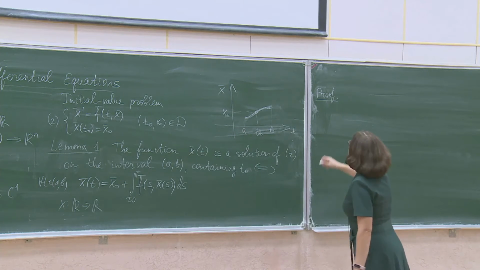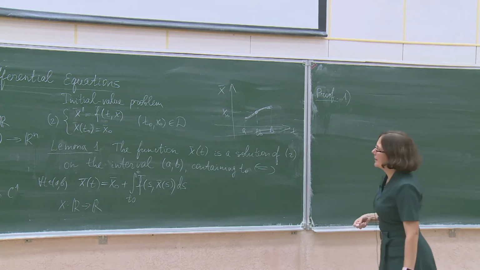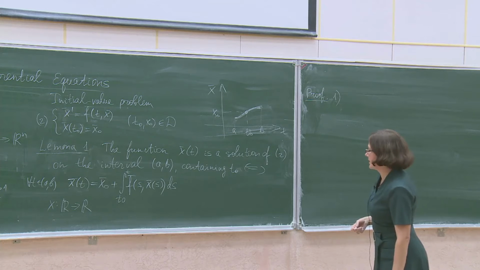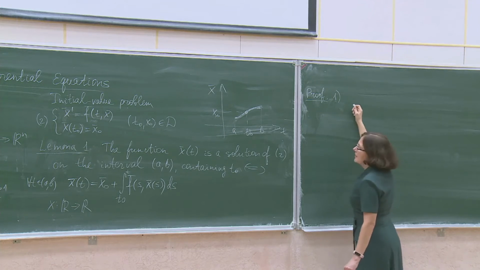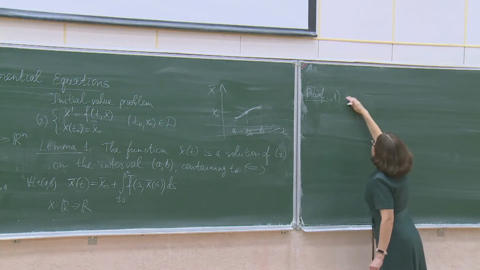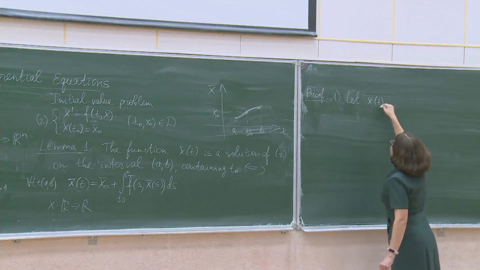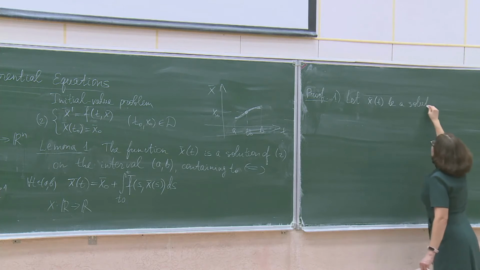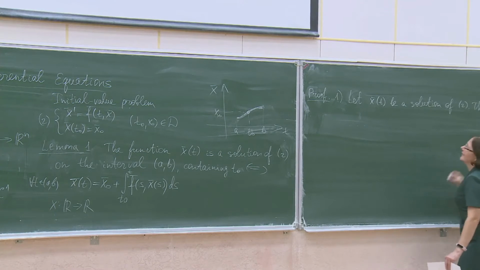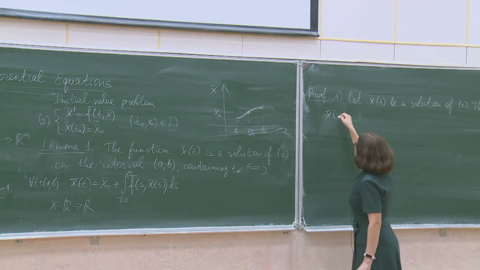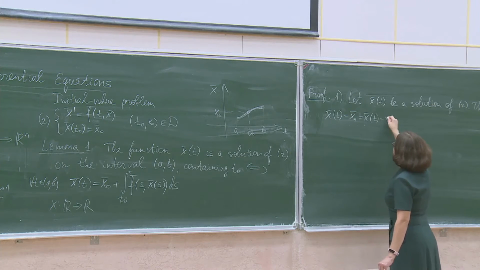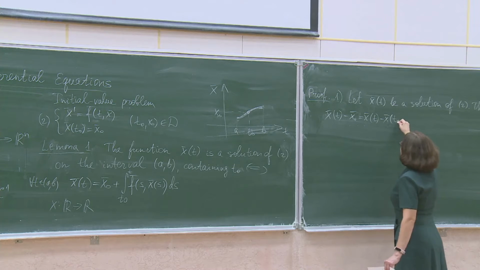Now suppose x of t is a solution. Then let's consider the difference, which is equal to x of t minus x of t0.